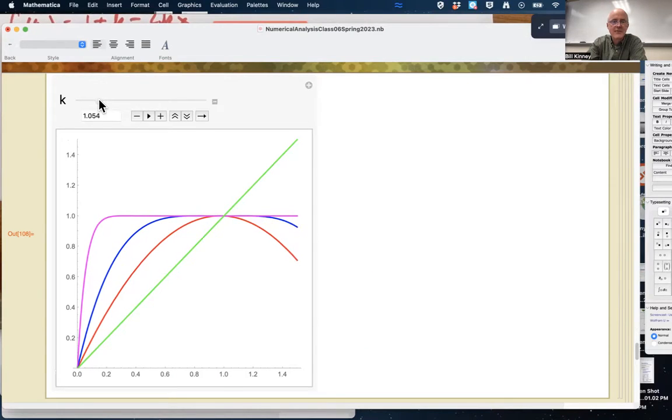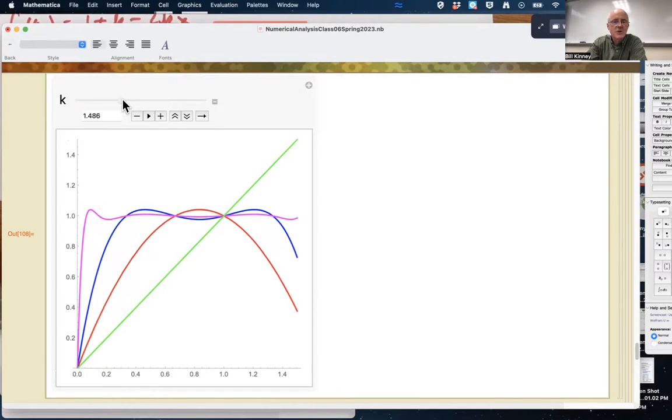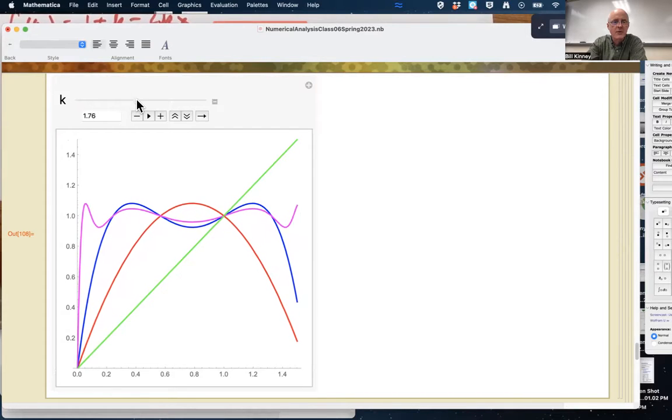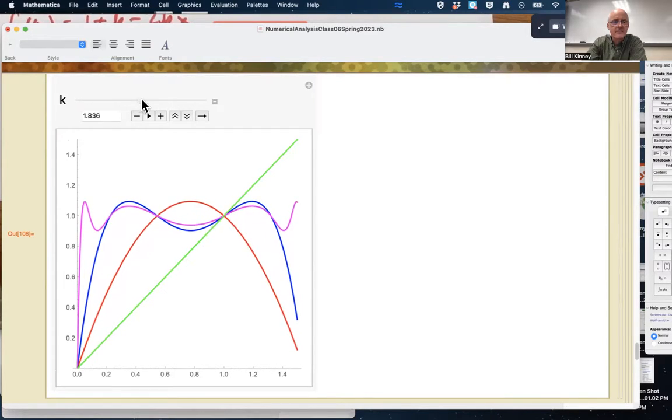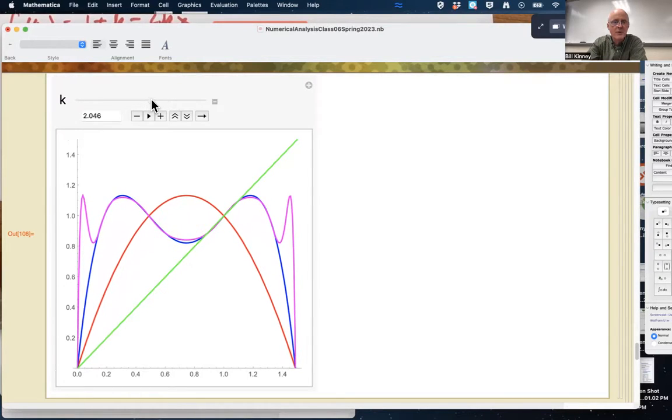The pink graph is f4, by the way. It looks almost horizontal there in the middle. As k approaches 2, so we have the red one is the original, the blue is the 4th degree, the pink one's the 16th degree. When we reach k equals 2, the pink and the blue both now have 4 roots once we go past k equals 2.